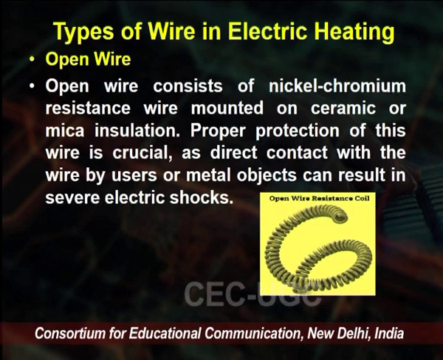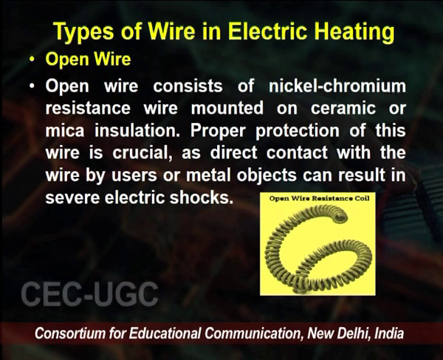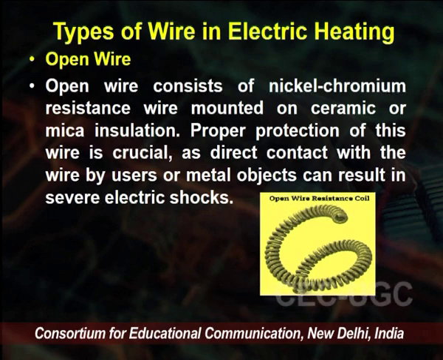Number one is the open wire. You see on the screen that this is a very simple open wire which consists of nickel chromium resistance wire, which is mounted on ceramic or mica insulation.